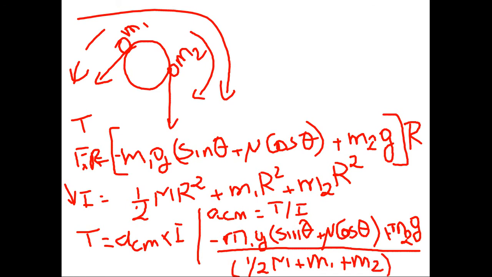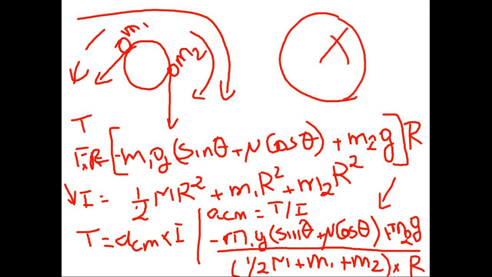What we have here is the angular acceleration, since we have a system that is rotating this way. If you want to know the acceleration of mass M2, which is moving down here, we need to multiply it by R, the radius, so this will cancel out, and then we have this.